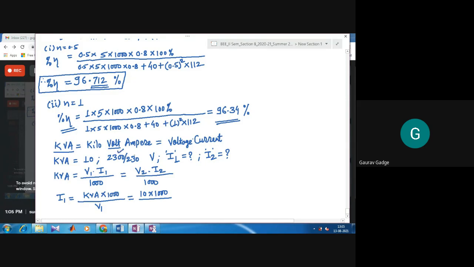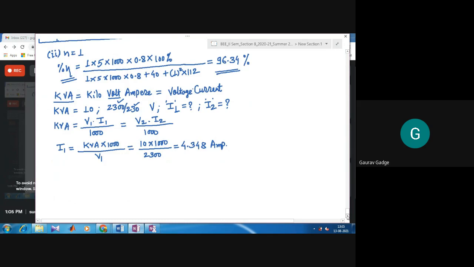V1 is 2300 and V2 is 230. So 10,000 divided by 2300 is 4.348 ampere. This is the value of the primary current.